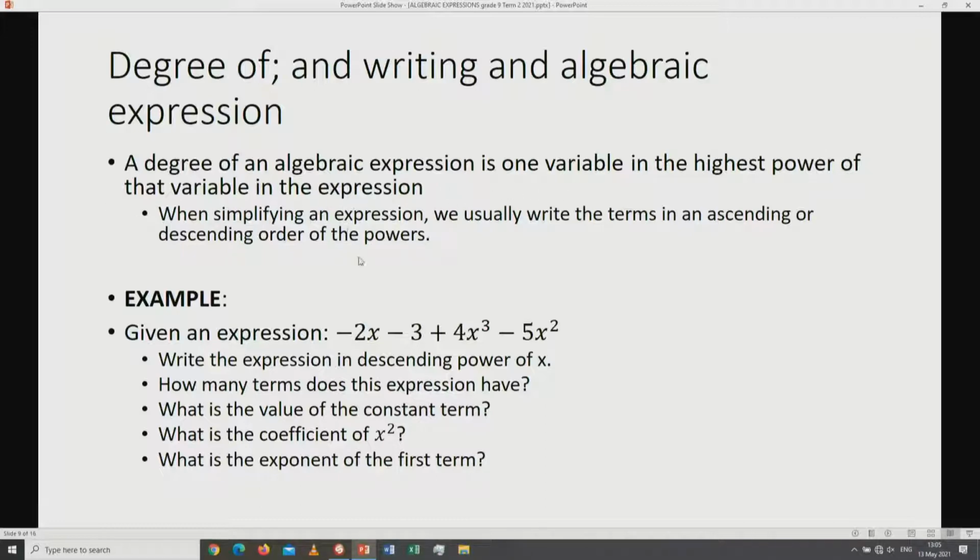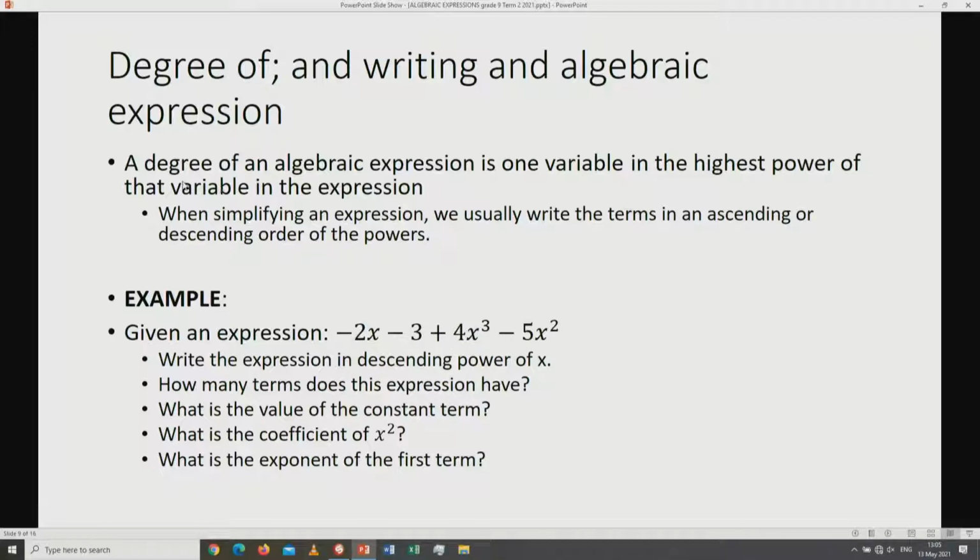Therefore, in one expression, we're picking an example in this case, which has 4 with the power of 1, x with the power of 3, another x with the power of 2 in the same expression, which is a polynomial in this case. The one which has the highest power of the variable will be the degree of this expression.